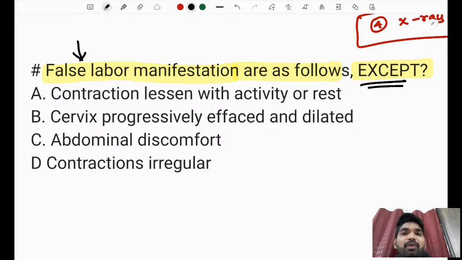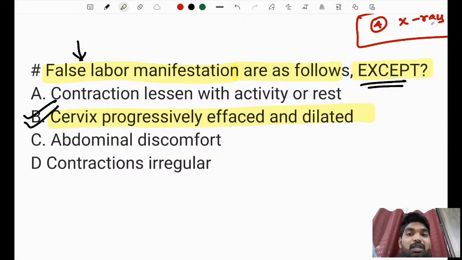I think you are aware of what true labor pains are and what false labor pains are. C, yes, you are right. Don't answer C, my dear Pawan. Those who answered option B, you are right. You will never see the cervix getting dilated and effaced in false labor. Then it becomes true labor.